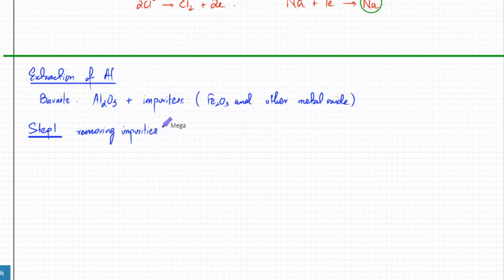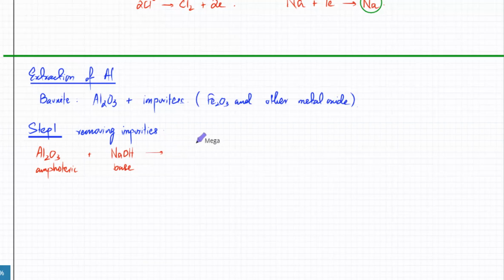Now, how do you remove impurities? That's step 1. The way you remove impurities is, आप उसको क्या करते हो कि bauxite is amphoteric. That means it can react with acids and bases both. So what you do is you dissolve it in NaOH, which is a base.